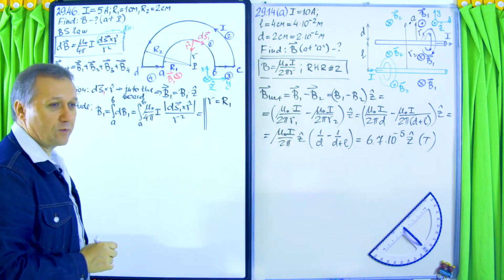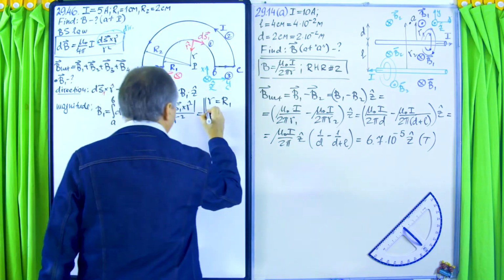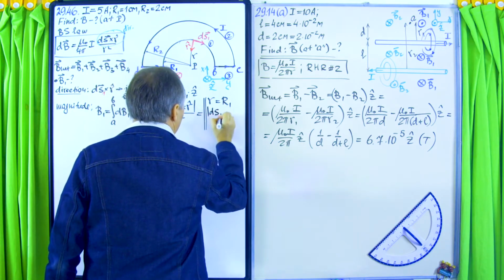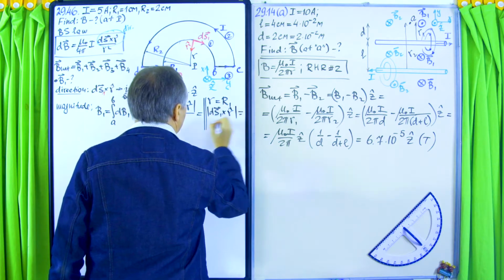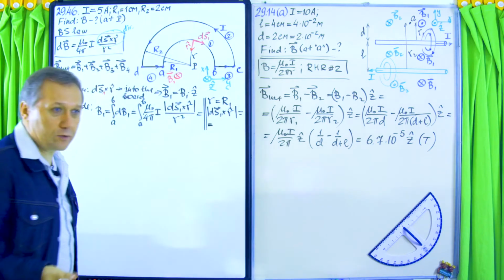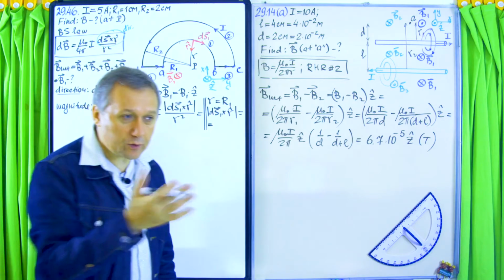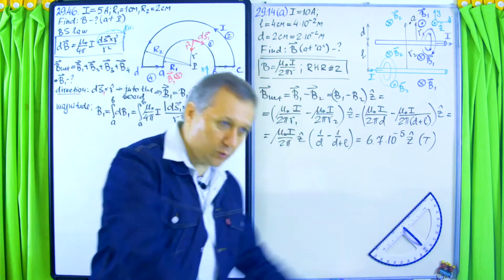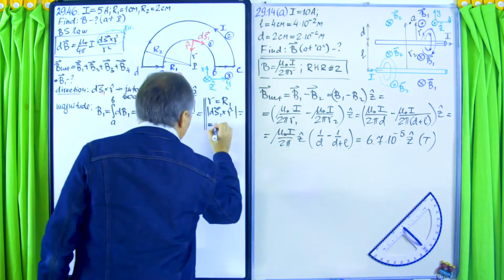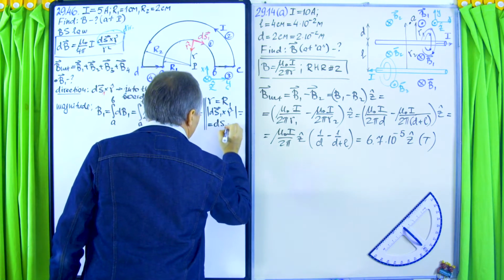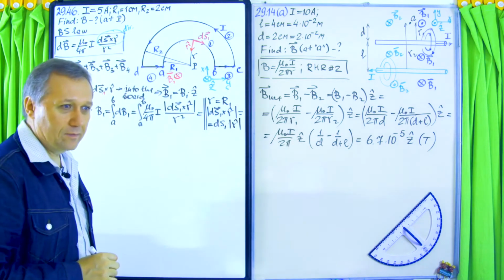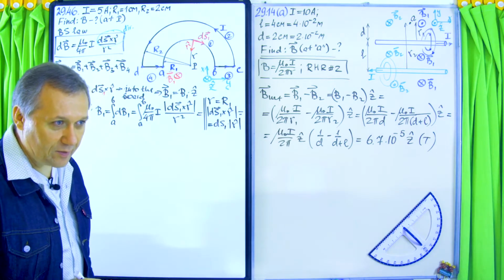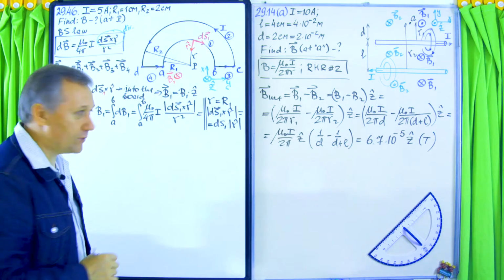Then let's take care of this cross product, ds1 cross r hat. By definition, the absolute value of the cross product is the magnitude of the first vector, ds1, times the magnitude of the second vector, r hat, and times, remember yesterday, the sine of the angle between them.